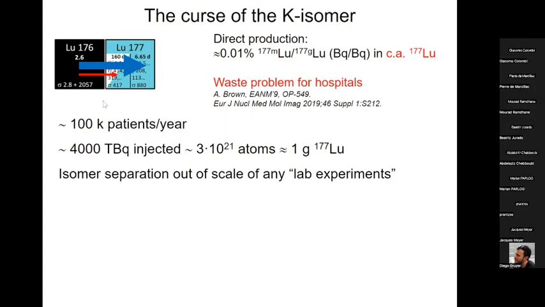Let's imagine you have a market of, and that is expected for the coming years, 100,000 prostate cancer patients per year, which have to be treated, which means that you have to inject them with 4 terabecquerel of this isotope, which is like 1 gram pure radioactive substance. And again, it becomes clear that while theoretically possible for a tiny, tiny scale, in real life, it is completely out of scope to use lab methods of isomer separation to produce this huge quantity which is required.